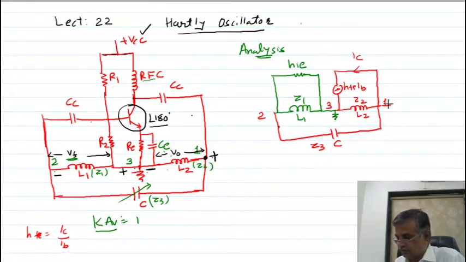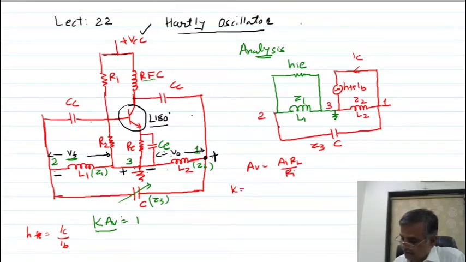Now let us write the equations of feedback factor K and AV. AV is nothing but AI RL upon RI, and feedback factor K is the feedback voltage upon the output voltage.